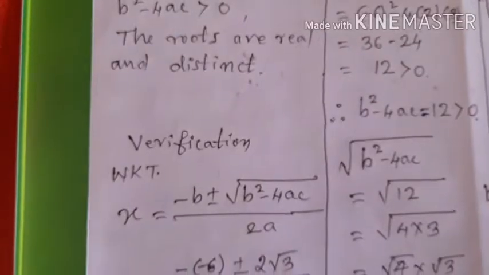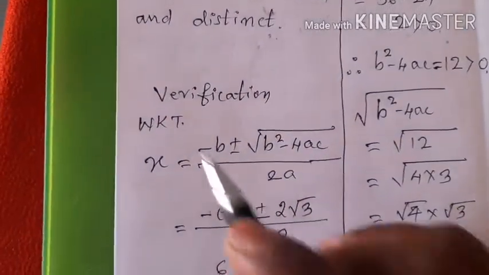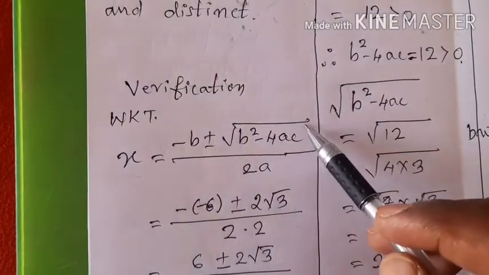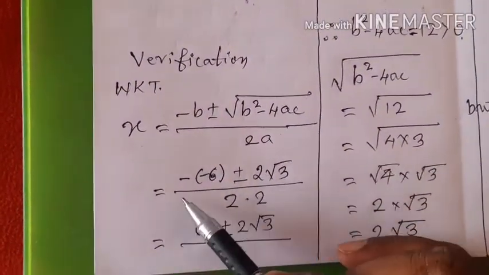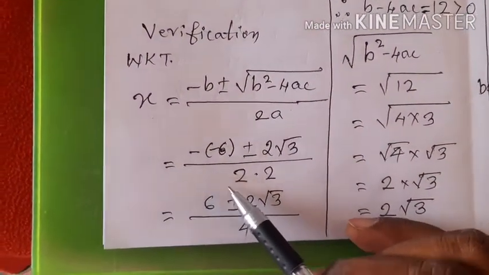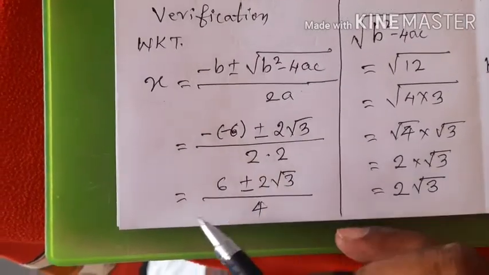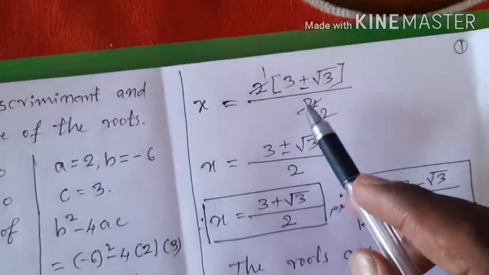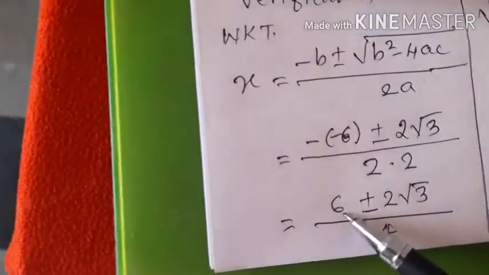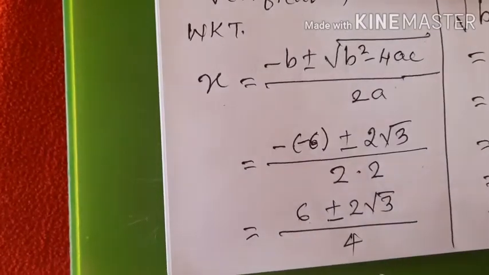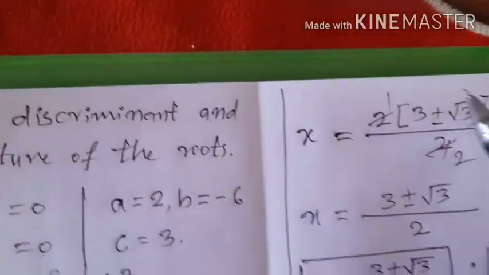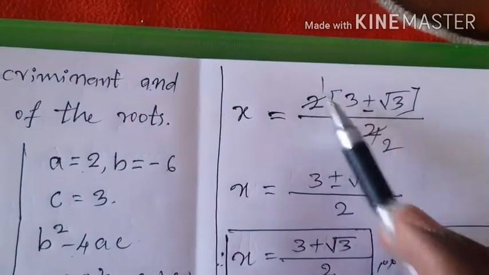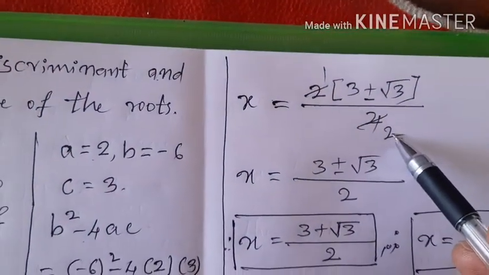Let us verify. We know that x = (−b ± √(b² − 4ac)) / 2a. When we substitute the values of a, b, c in the quadratic formula, we get x = (6 ± 2√3) / 4. Here 2 comes common, therefore (3 ± √3) / 2 remains, as the 2s get cancelled.